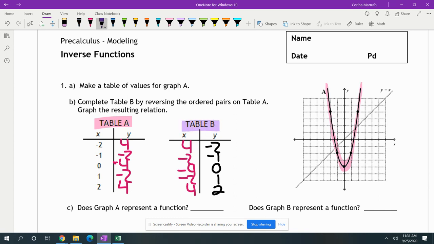So 4 goes with -2. So 1, 2, 3, 4, -2. Then -2, -1. Then -4, 0. Oops, this one should be... I forgot how to graph, sorry.